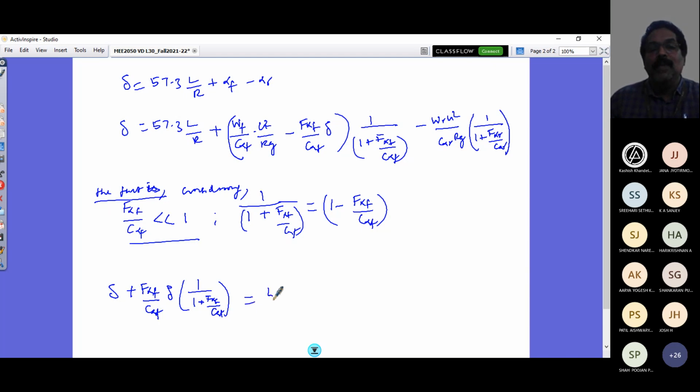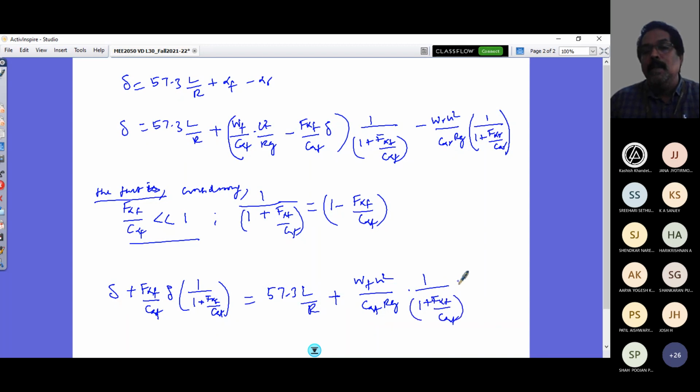On the other side, it is 57.3 L by R plus WF U squared by C alpha F RG into 1 by 1 plus FXF by C alpha F, minus WR U squared by C alpha R RG into 1 by 1 plus, look here, FXR, the rear axle drive force by C alpha R. So this is how it changes now.